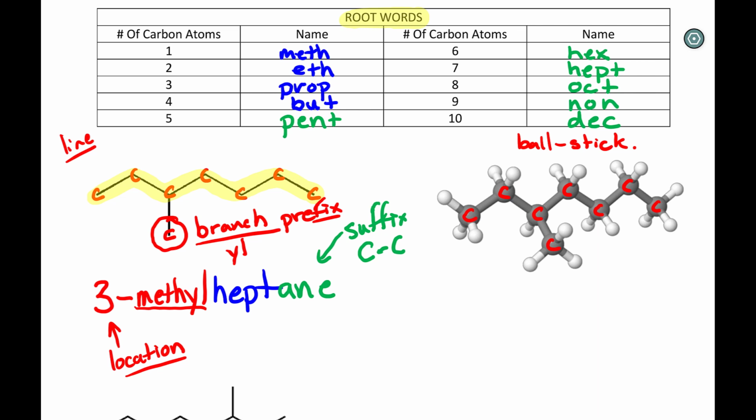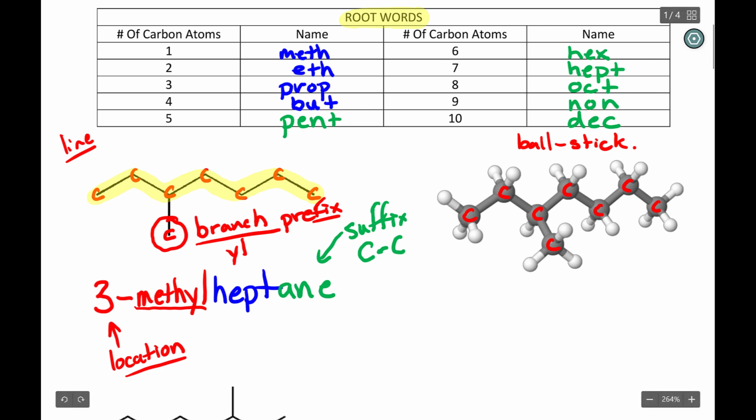Now, a common question is always, well, can I start from the other end? The answer is yes, except not in this circumstance. If I start on the right, I would go 1, 2, 3, 4, 5, and this would be called 5-methyl heptane. However, based on rules, we always have to keep the number of the first branch or side group as low as possible.